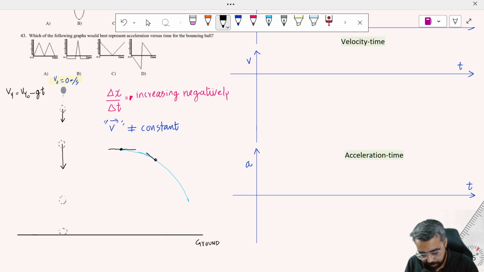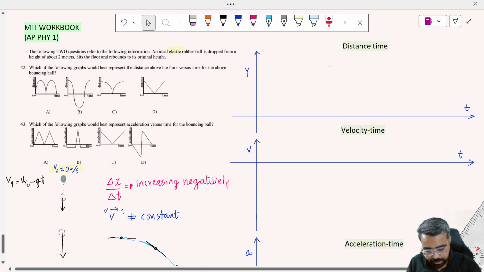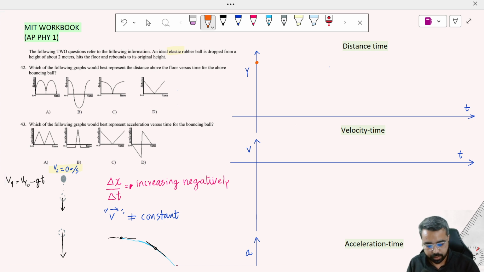If I draw the tangent line, it becomes steeper and steeper, and as time passes the velocity becomes more and more negative. So our graph must start from the maximum position, because at time t equals 0 the ball was at 2 meters height, and it should go like this.